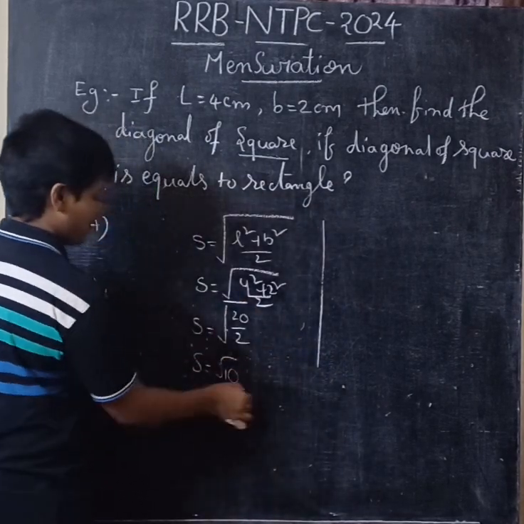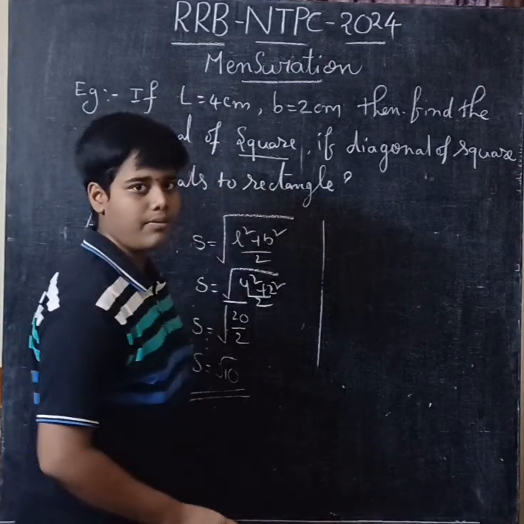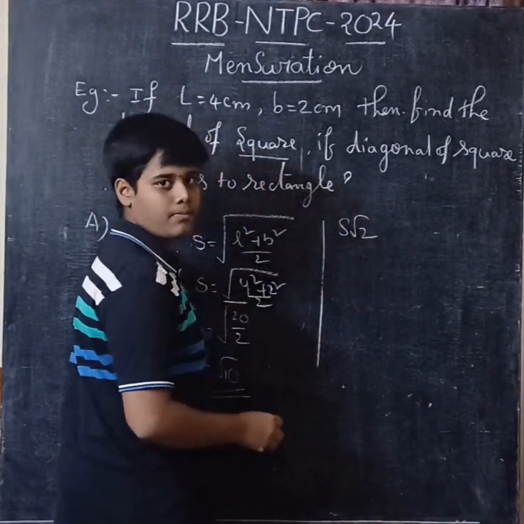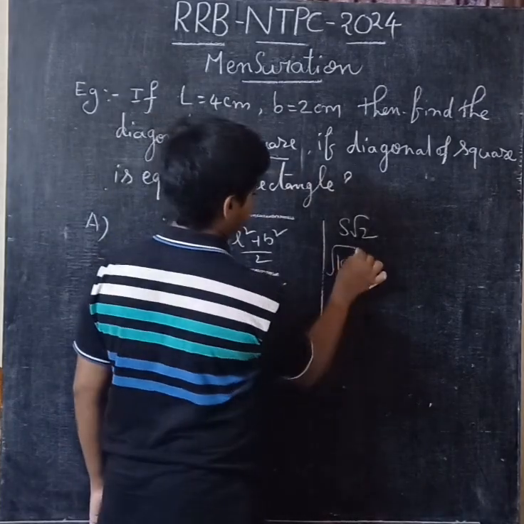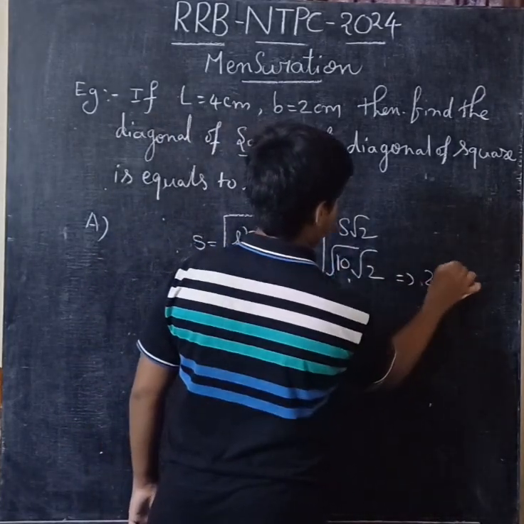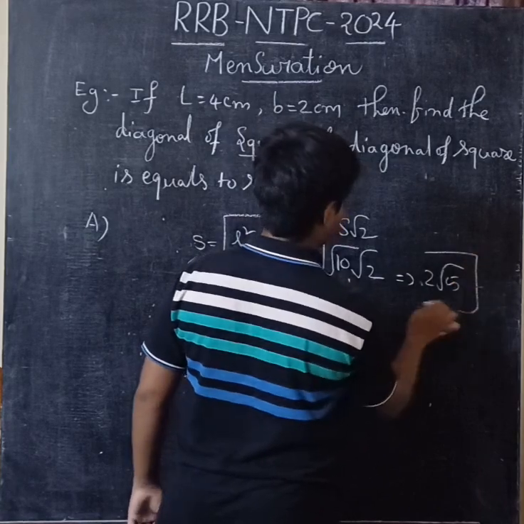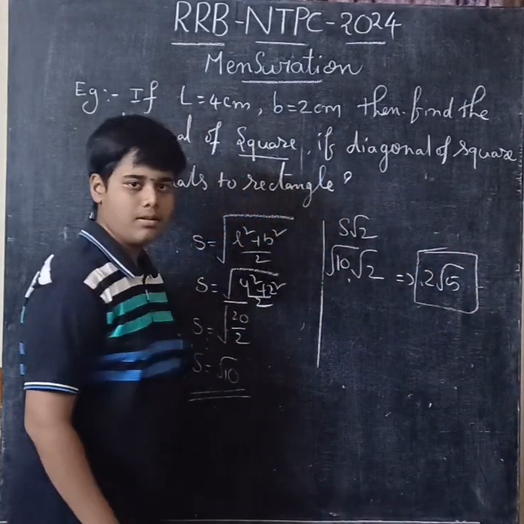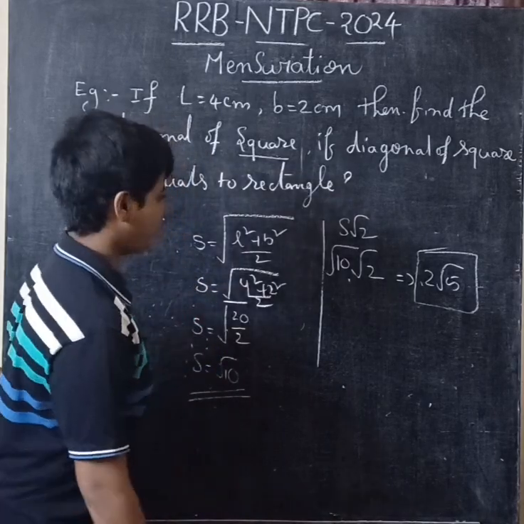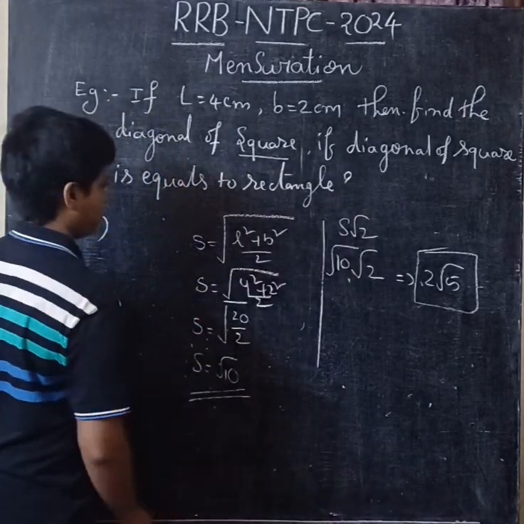So this is the side formula. So how to find the diagonal, which means S root 2, we have to multiply with root 2. So root 10 into root 2 is equal to 2 root 5. So this is the diagonal. So that process is also correct. So this is the third example.